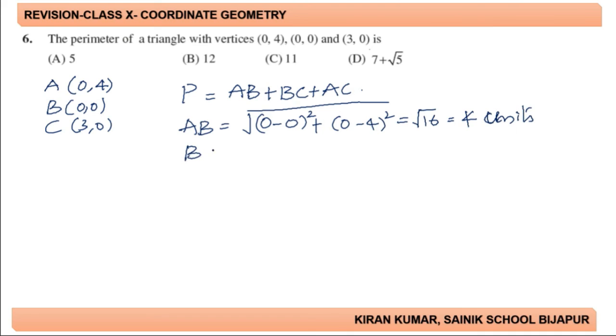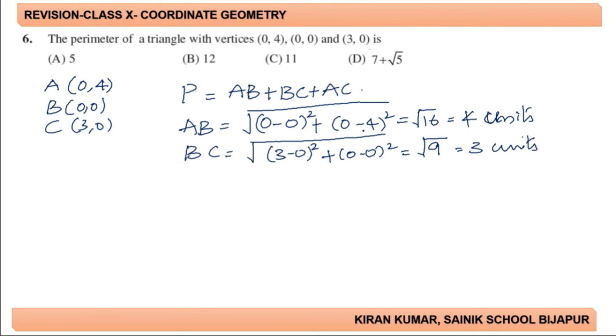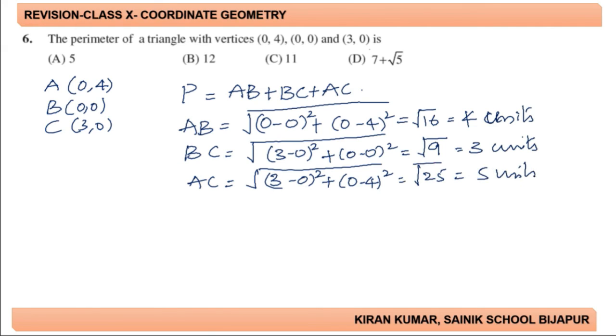The length of BC is root of (3 minus 0) whole squared plus (0 minus 0) whole squared. This will be under root 9, which is 3 units. The length of AC is root of (3 minus 0) whole squared plus (0 minus 4) whole squared, which is root 9 plus 16, 25, which is 5 units.